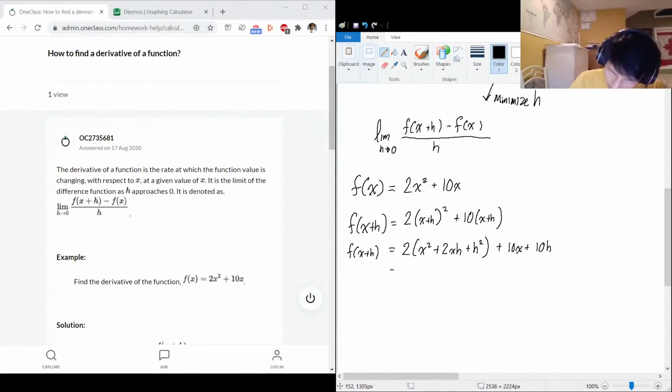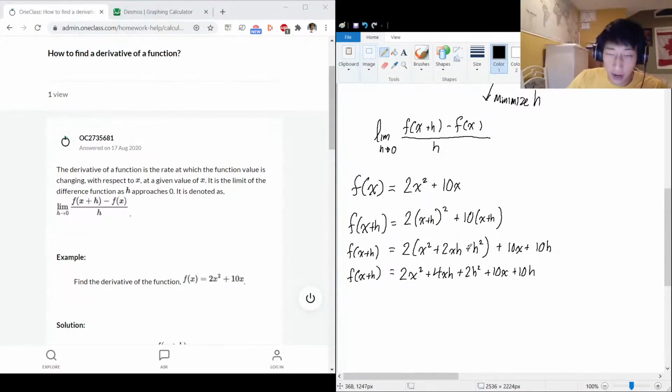And let's expand out this first little section that we have here. So that's 2x squared plus 4xh plus 2h squared plus 10x plus 10h is equal to f of x plus h.